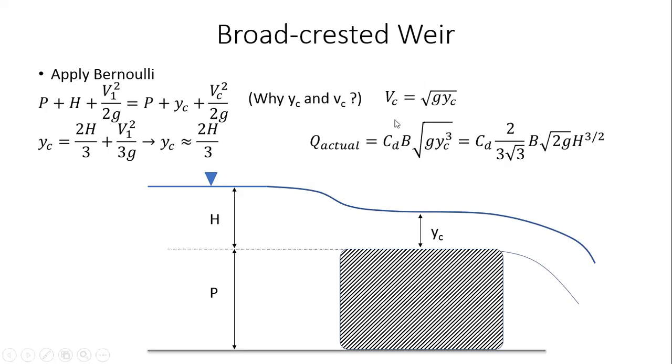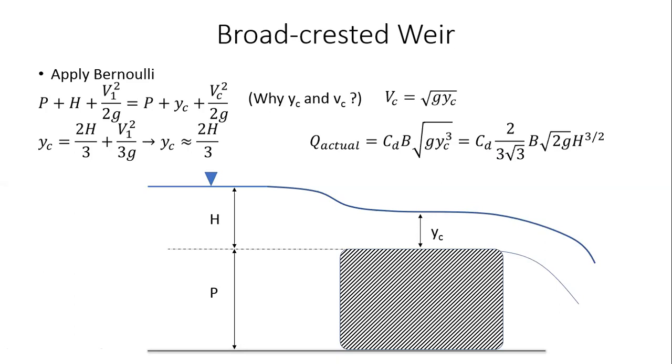So when you apply that and you cross multiply, you will get this expression. So I wanted to work this out. Replacing YC with 2H by 3, YC cubed becomes this expression, CD into 2 by 3 under root 3, capital B under root 2G, H power 3 by 2. Okay, so that is the derivation for a broad crested weir.